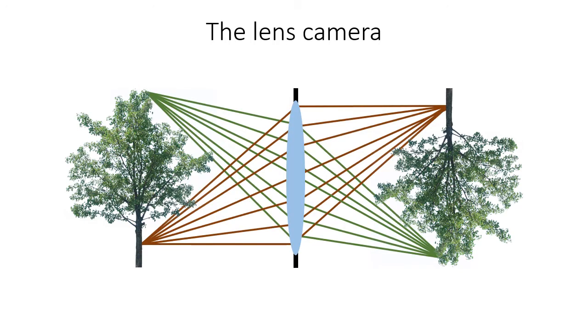Let's see the lens. The constraint of this lens camera is that they want to make the same image as the pinhole camera model.